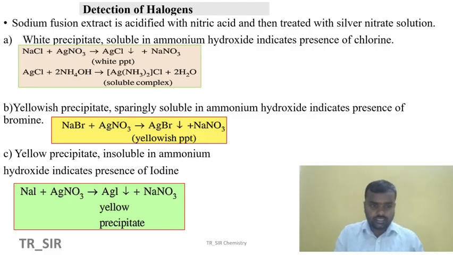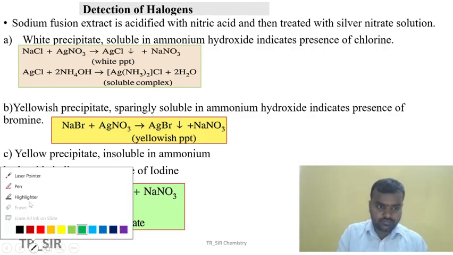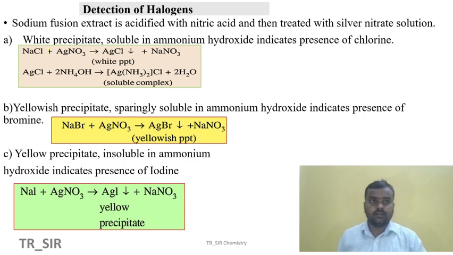Now here you can see step by step all the reactions we have given clearly. NaCl with AgNO3 gives an AgCl white precipitate, and when treated with ammonium hydroxide it gives a soluble complex.